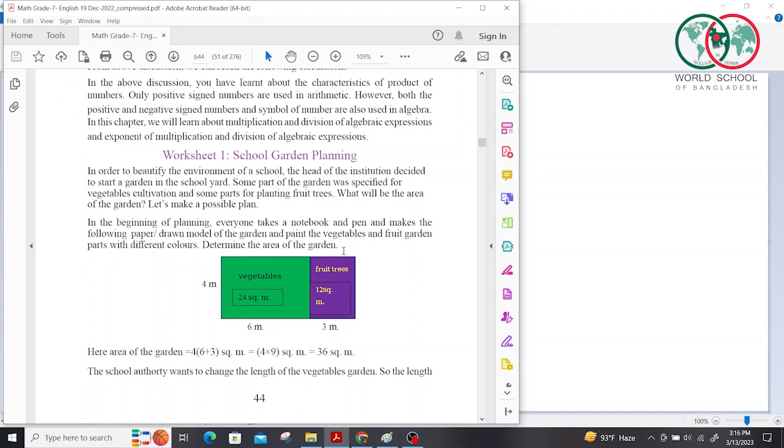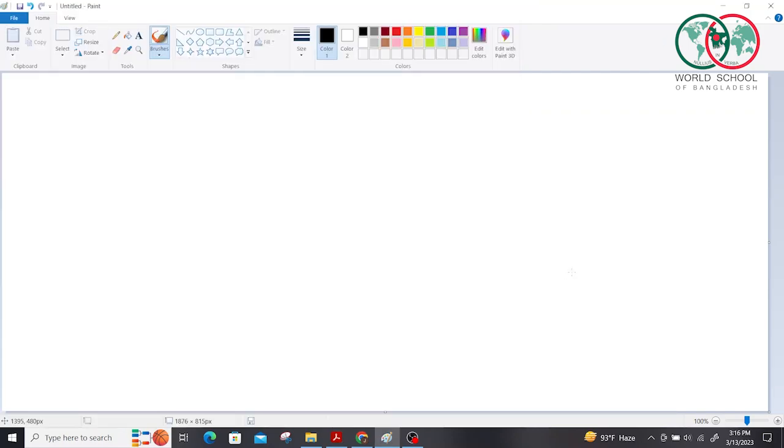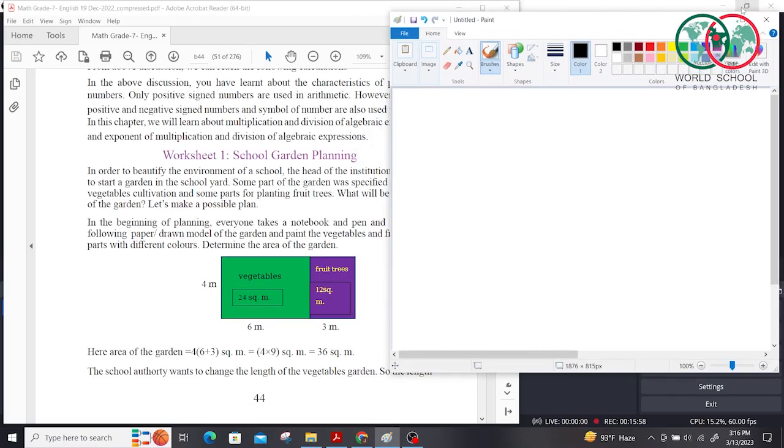To find the total area, the total length is 6 plus 3 and the width is 4. So our area will be 6 plus 3 into 4. So it is 9 into 4, 36 meter square, or square meter, you can write.